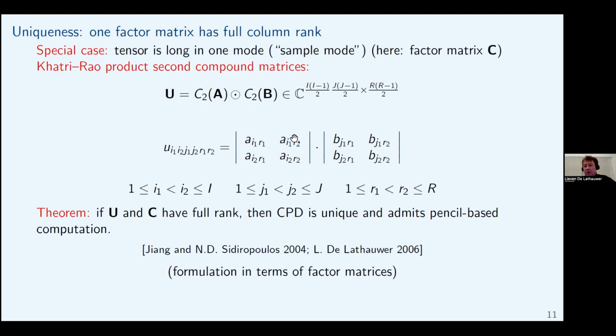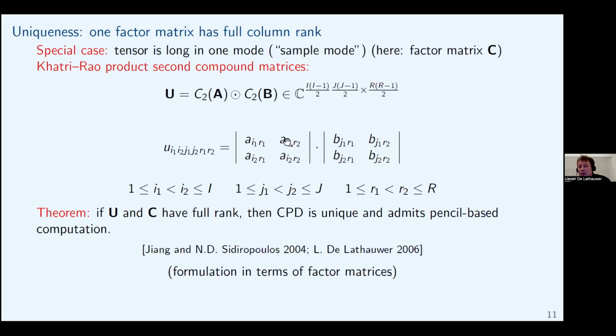The derivation is a bit complicated, and in the end you obtain a theorem, and it says that if this new matrix U and the C matrix, which you already assume to have full column rank, if both of them have full column rank, then the CPD is unique, and you can still somehow find the decomposition through a generalized eigenvalue decomposition.